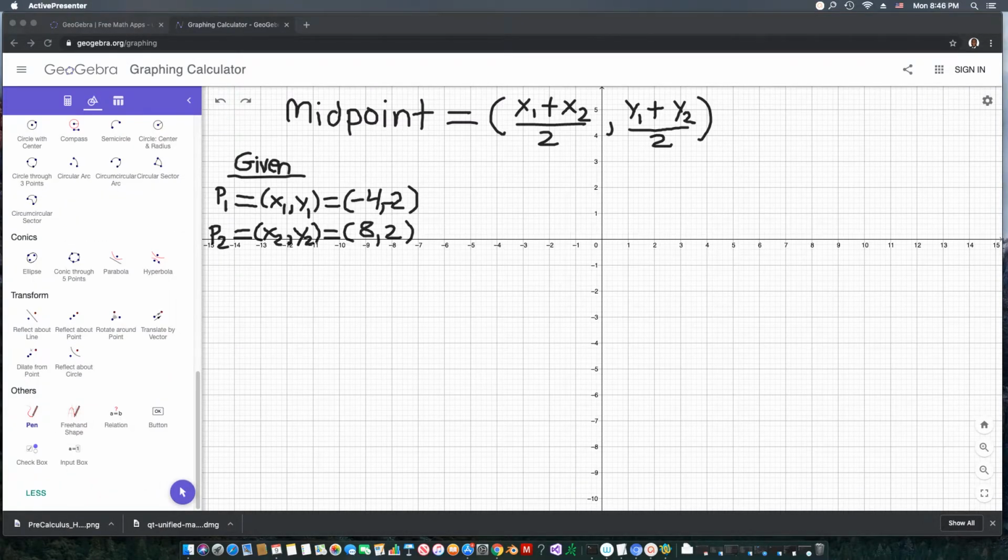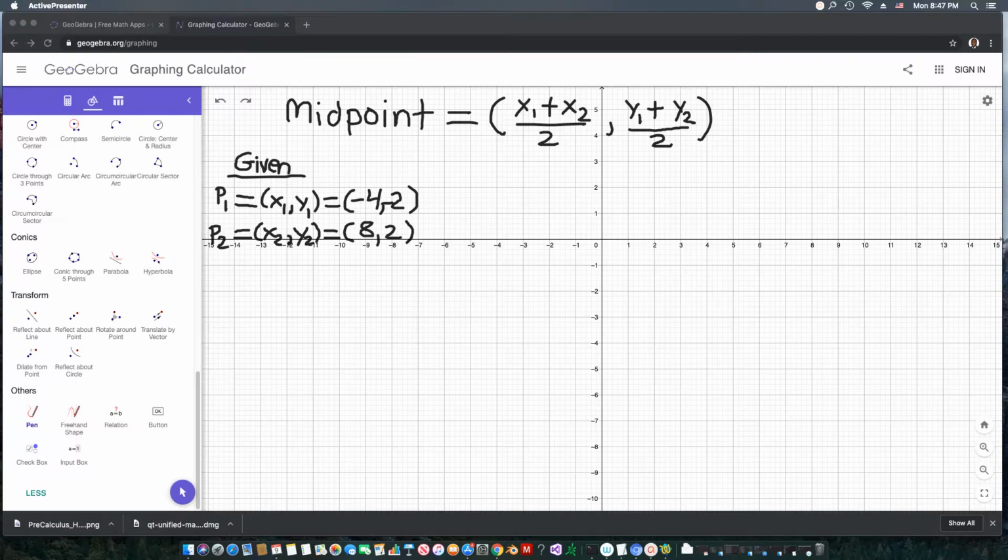Alright, previously we described the midpoint formula. We said that the midpoint equals x1 plus x2 divided by 2, which represents the x coordinate. And we say that y1 plus y2 divided by 2 represents the y coordinate. So we're given a couple of points. We have point 1 and point 2.